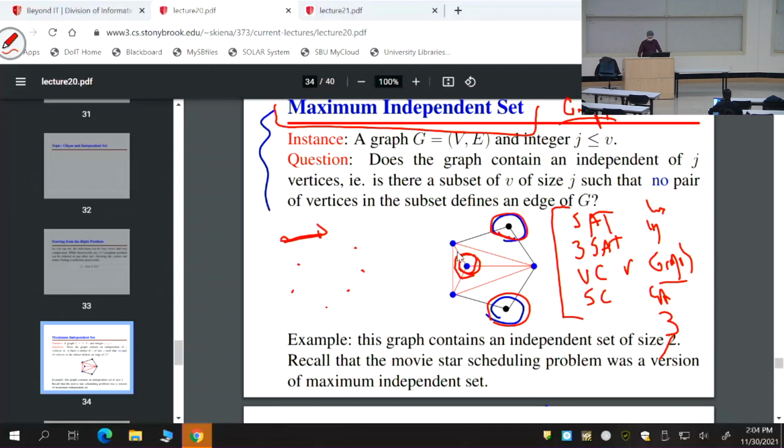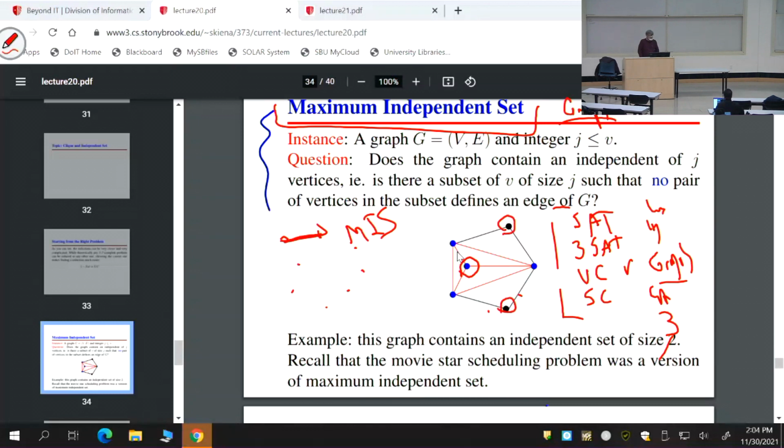Okay. What happens if I take everything that is not in my vertex cover? Let me just take a look at this thing. You told me that my maximum independent set here is this, this, and this.